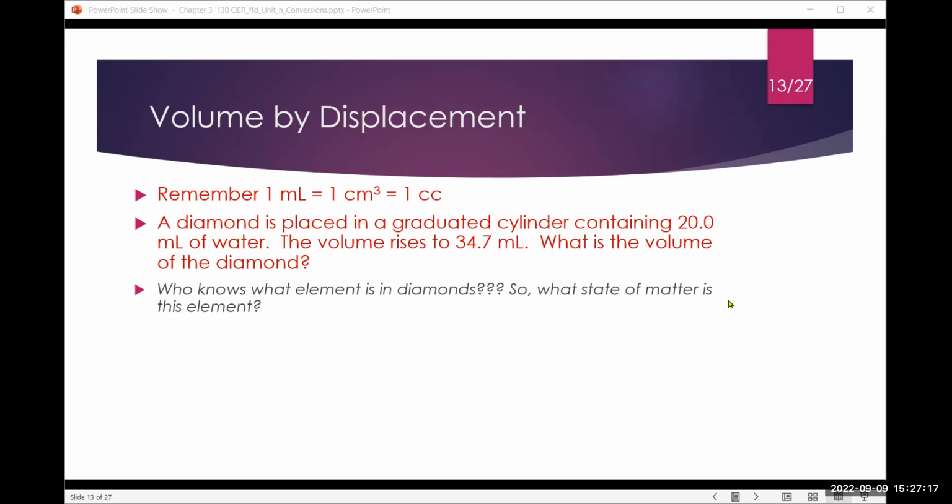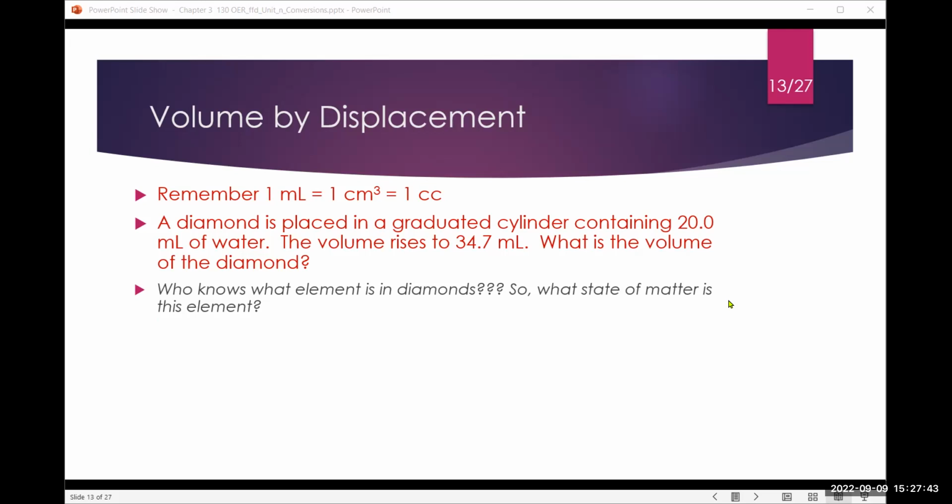All right, so with that said, kind of shift gears a little bit. We're going to talk about volume by displacement. We're going to get into doing what are called density calculations. We did introduce density, where it's the mass over volume. And there's a couple ways that we can use density in these type of calculations, okay? But let's talk about volume. There are 2 ways to obtain volume.